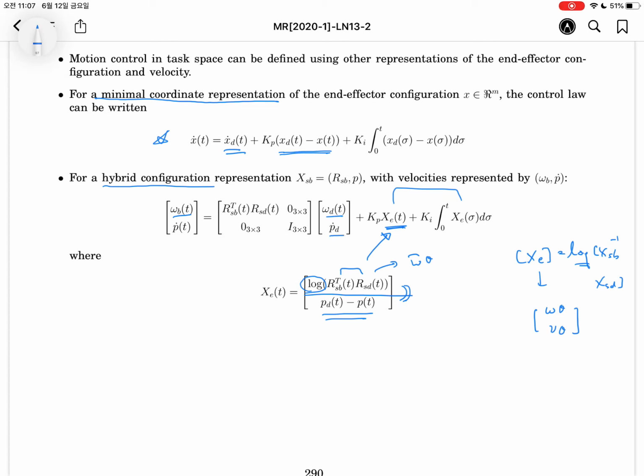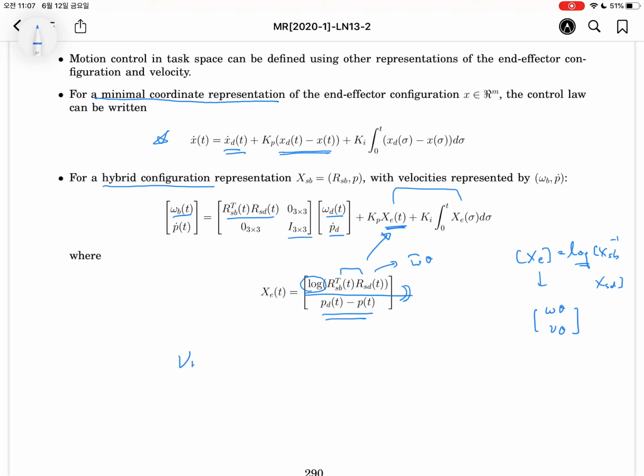On the other hand, the omega and rotation and translation motions are decoupled using the rotation matrix and identity matrix. So the body twist is decoupled in terms of the omega and the p dot.